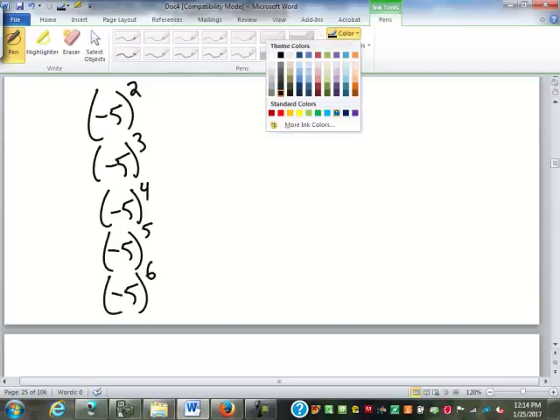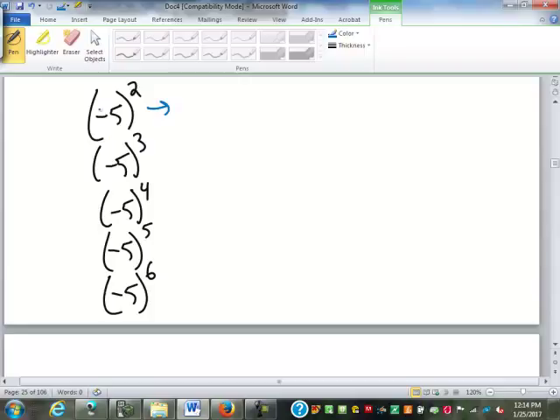Well, let's take a peek here. Negative 5 squared, is that going to be positive or negative? It's going to be a positive, 25, right? Anything squared must be positive. How about negative 5 to the third power, positive or negative?